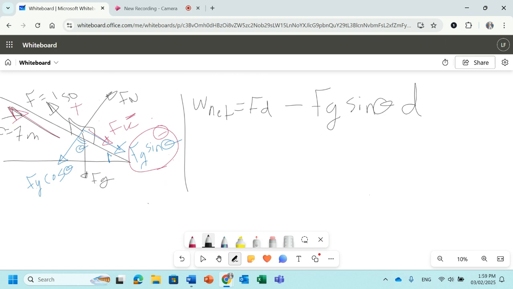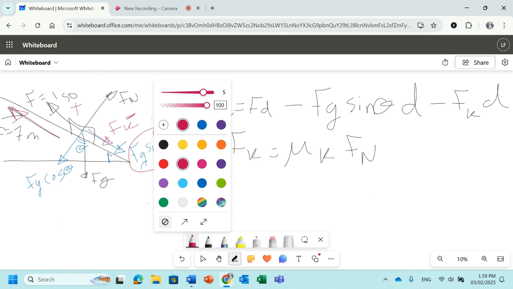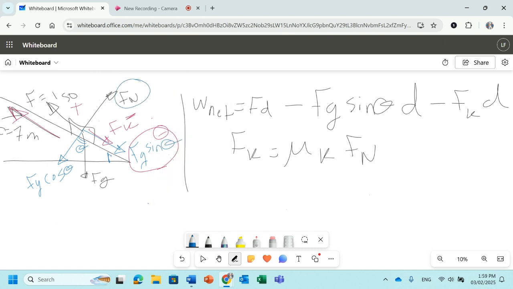This is the first force, which is negative, and I have another negative force, which is minus Fk, the friction force, times displacement. Now to calculate the value of the friction, Fk is mu k times Fn. And from the graph, the normal force and Fg cosine theta are opposite and equal. So that means Fk will equal mu k times Fg cosine theta.